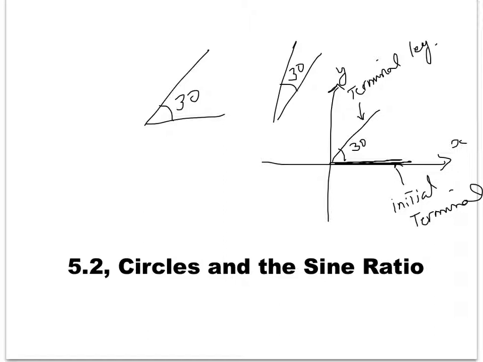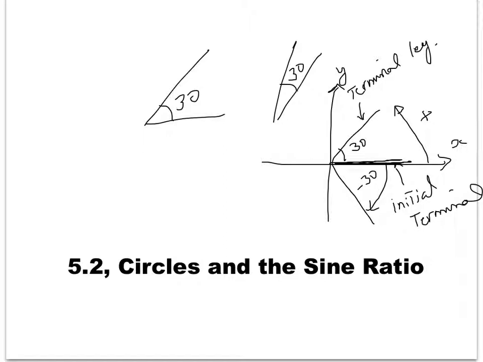Now, in our new definition, if you turn or rotate counterclockwise like this one, this represents a positive angle. So this guy is 30 degrees positive. If you do the other way around, meaning clockwise, then the angle is going to be negative. For instance, this one, if I go like this, then it's going to be negative 30 degrees.